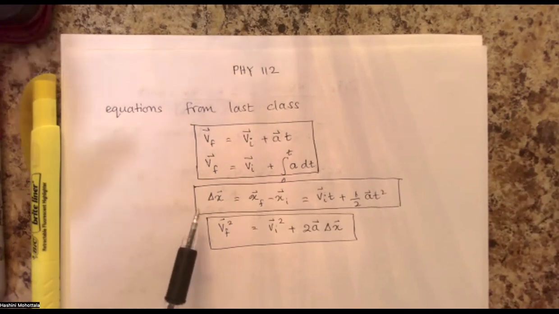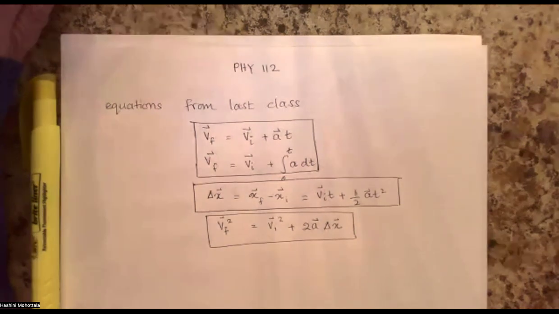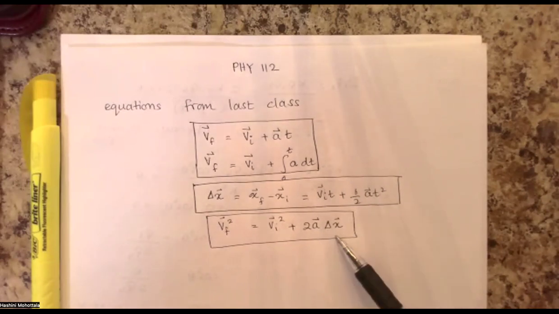And then the second equation down here, you can see that this does not have the final velocity component. So if you are looking for the final velocity, this equation should not be the first to look at. And then lastly, we have the equation without the time component.